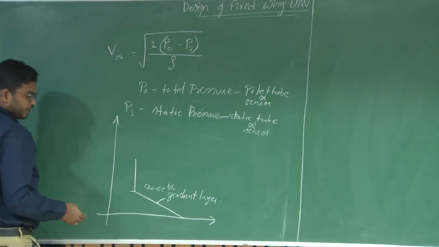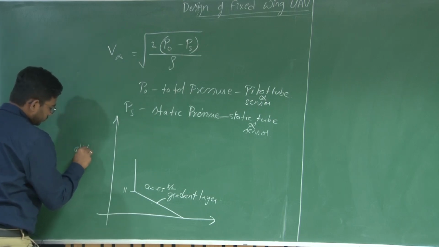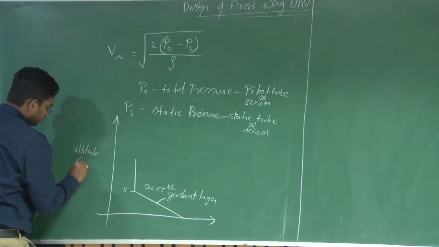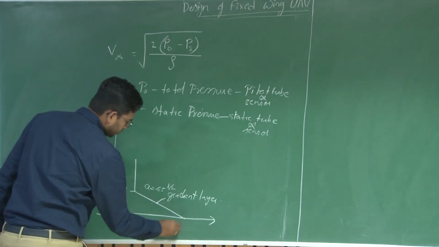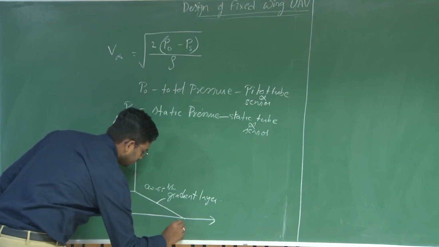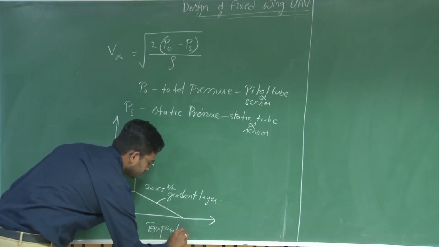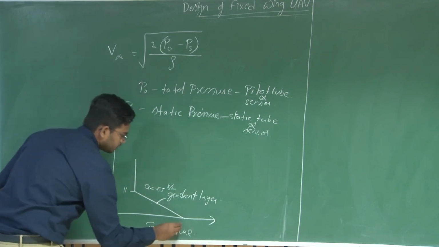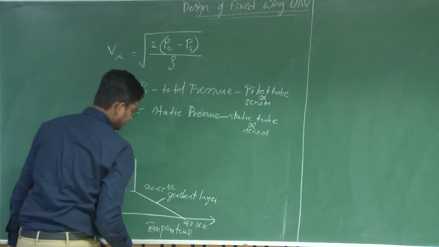This gradient layer extends up to 11 kilometers altitude. This is the sea level, this is the temperature variation, and the sea level temperature is 288.16 Kelvin.